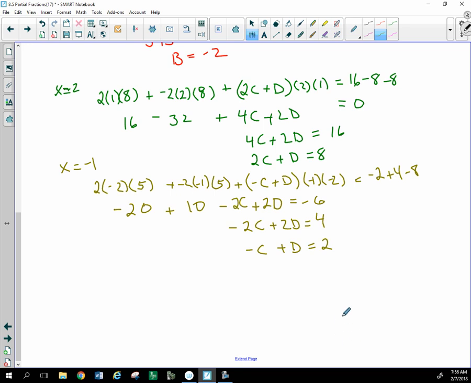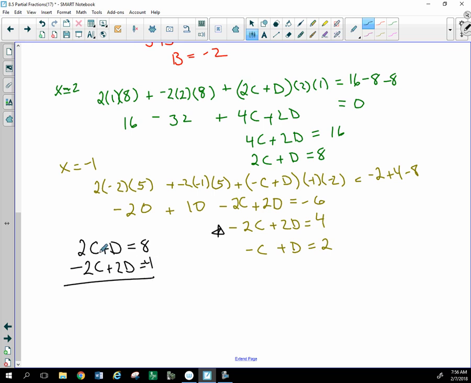All right, and so now that I have this system, I can solve this system and simplify this, so I'm going to rewrite this. So over here we got 2c plus d equals 8, and negative c, I guess I should have left it as a negative 2c. Let's back it up, I can use either one of these. I'm going to use this one right here, because it already lines up with my c, plus 2d equals 4.